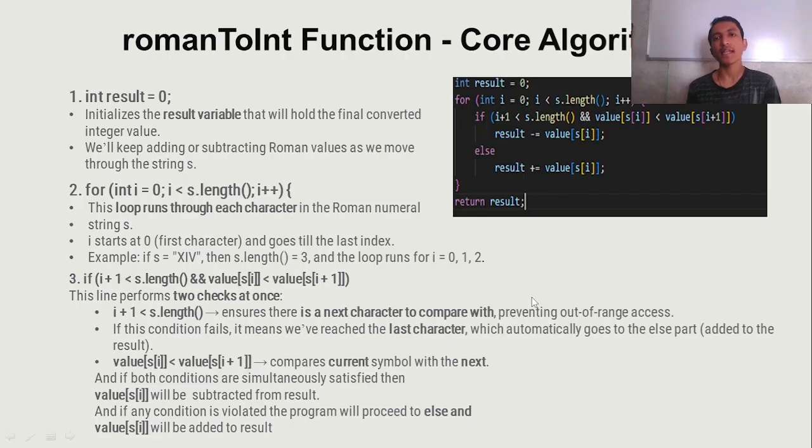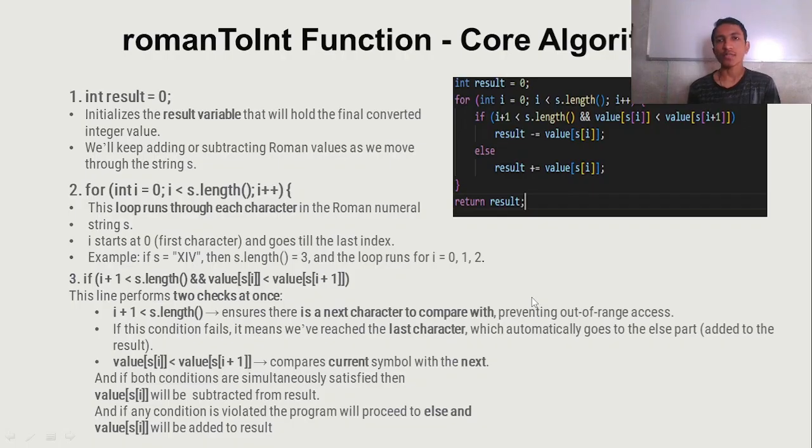Here i is the index in the string. So the index starts at 0, that is the first character, and goes till the last index. And s.length is the length of the string. It means if s is equal to IXV, then s.length will be equal to 3, and the loop runs for i equal to 0, 1 and 2.